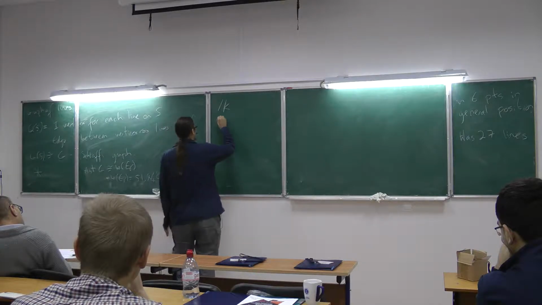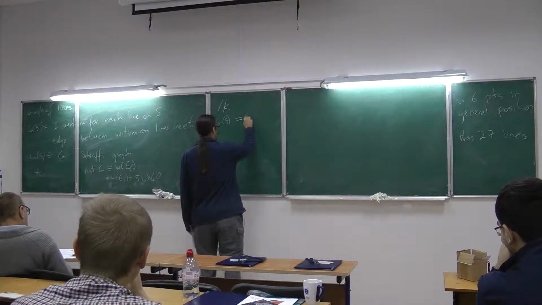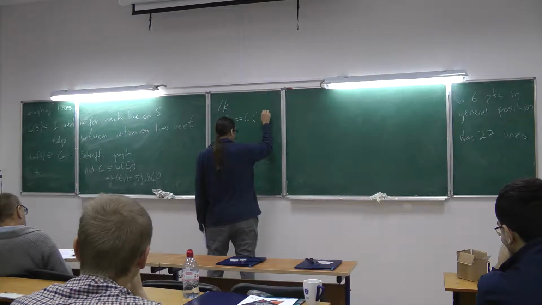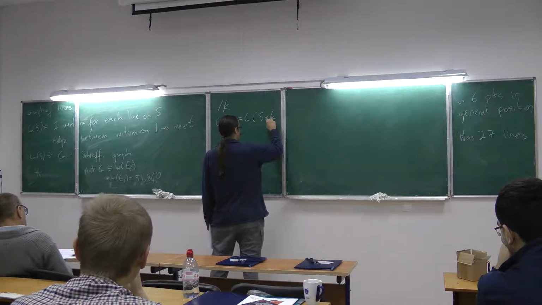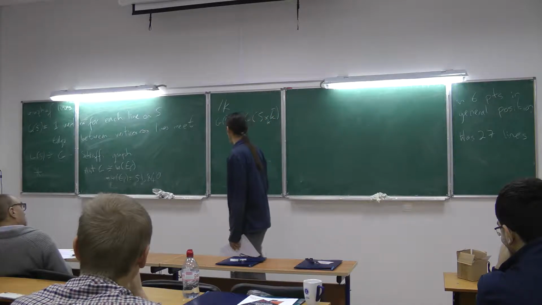So I define the graph of lines of my surface over the smaller field to be just the graph of lines when you base change to the algebraic closure.